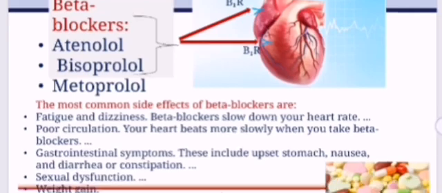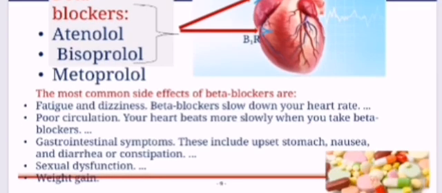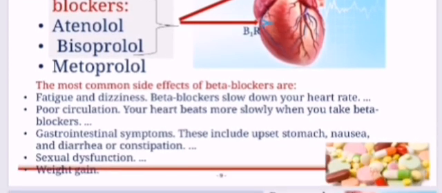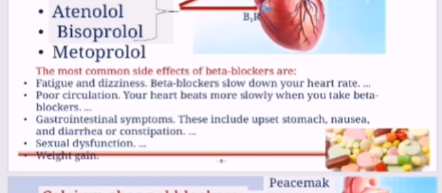Beta blockers: atenolol, bisoprolol, metoprolol. These drugs are beta blockers. The most common side effects of beta blockers are fatigue and dizziness. Beta blockers slow down your heart rate. Poor circulation.